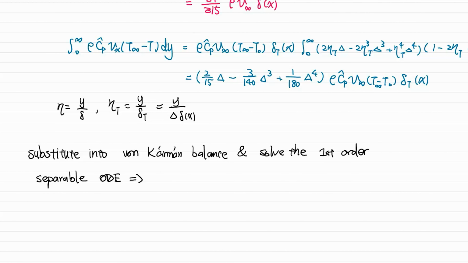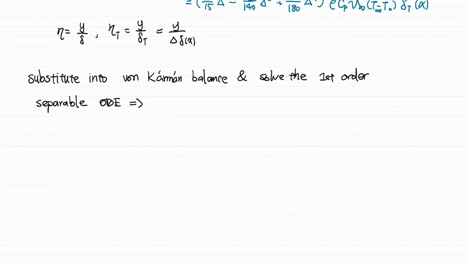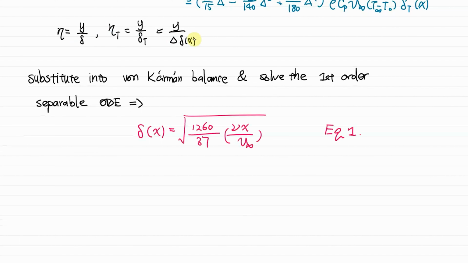To get the following, we now have the solution for delta x equals 1260 over 37 times the kinematic viscosity times x over V infinity. Let's call this equation 1.